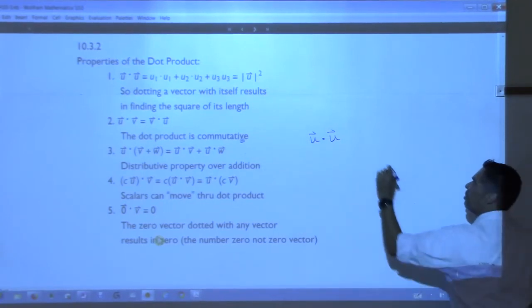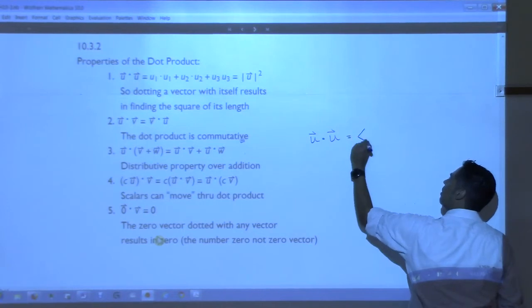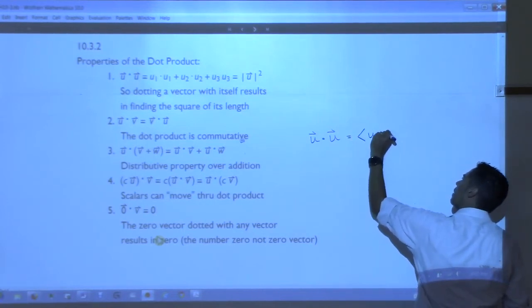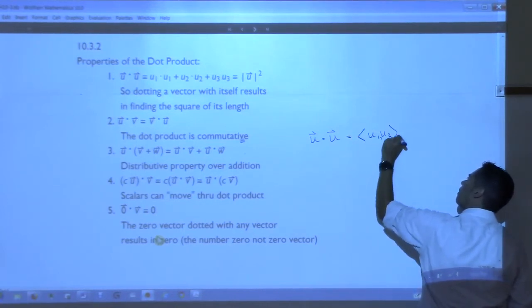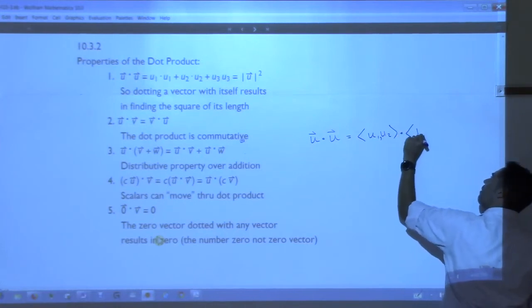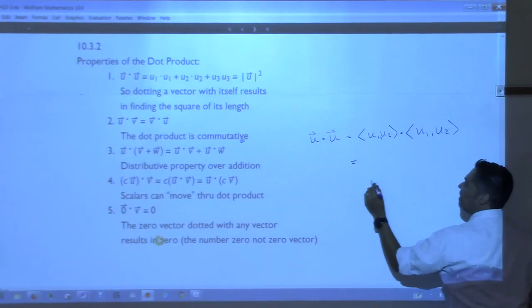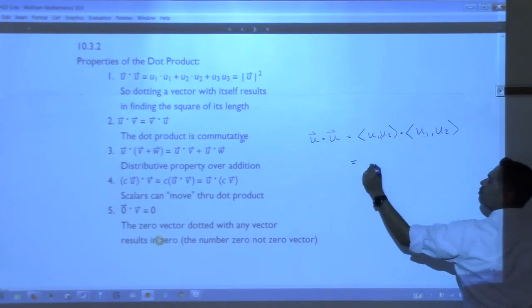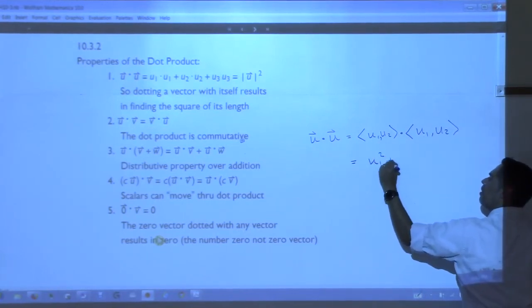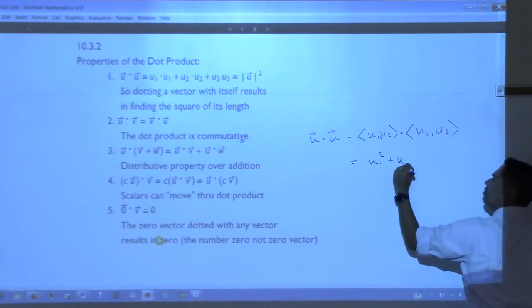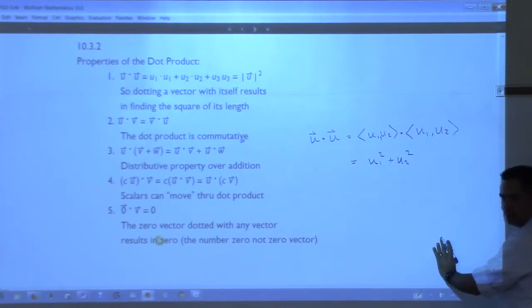So let's prove that. If I take the vector u1, u2, and I dot it with itself, u1, u2, then by definition, I'm going to do u1 times u1, which is u1 squared, plus u2 times u2, which is u2 squared. Right? All right, that's what u dot u is.